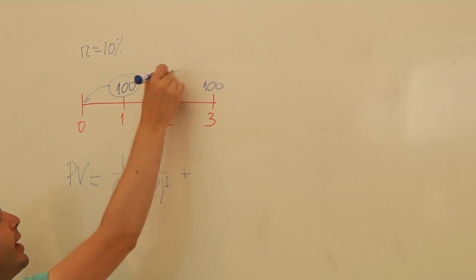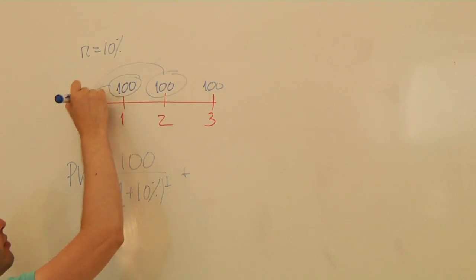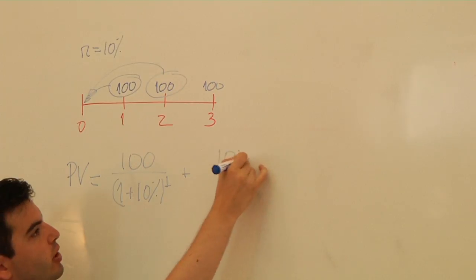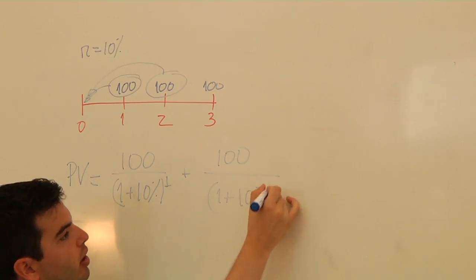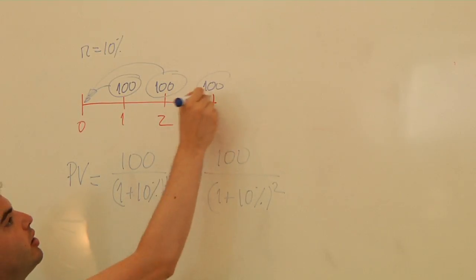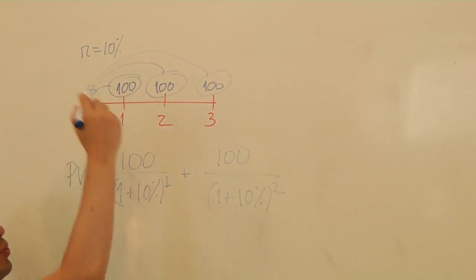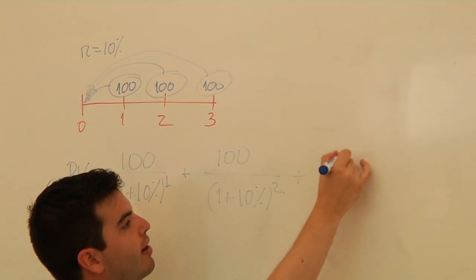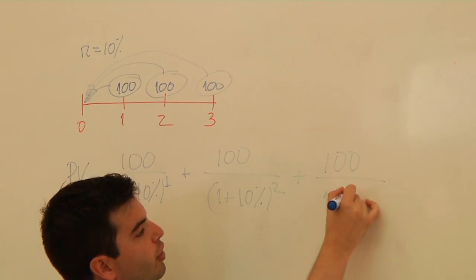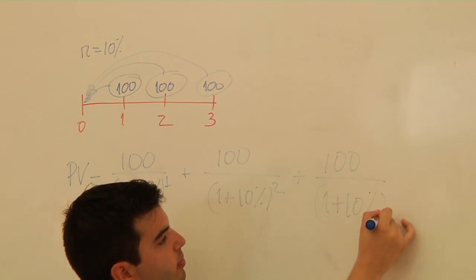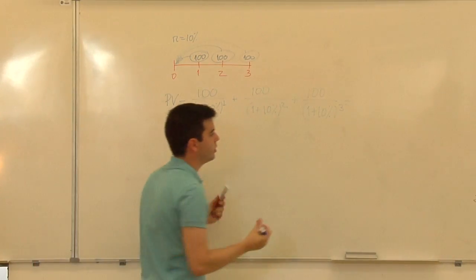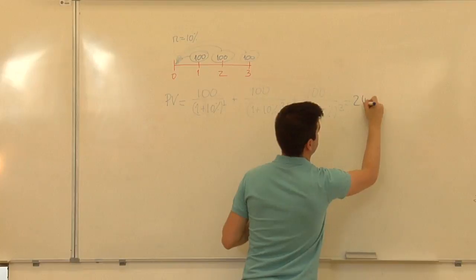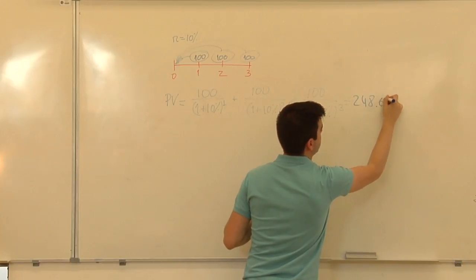Then we have the second cash flow that has to be discounted for 2 years, 100 divided by 1 plus 10% to the power of 2. And finally, the third cash flow will be received in 3 years, so we have to discount it for 3 years. Okay, if we do this, we will have the value of this annuity.